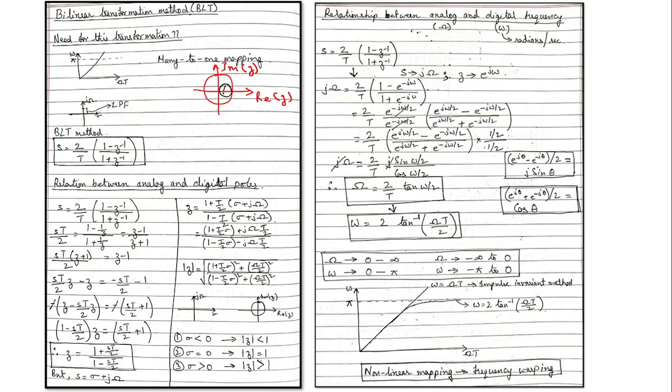Now this circle has a center at x equal to 0.5 and y equal to 0, so the center is at 0.5, 0.